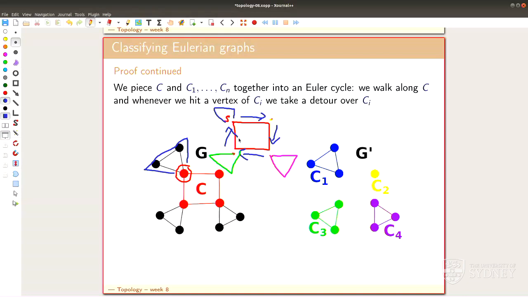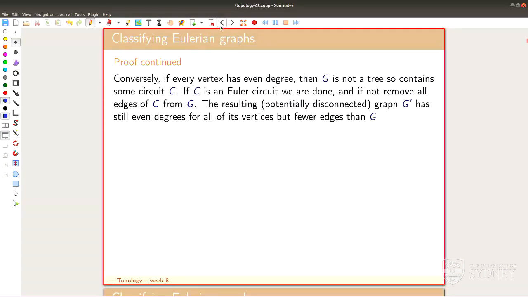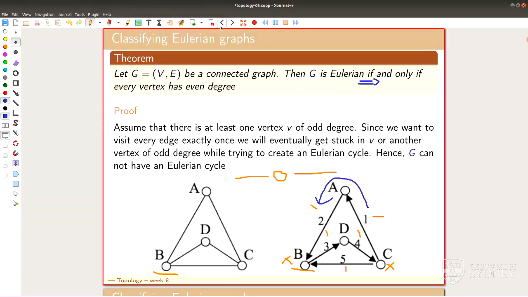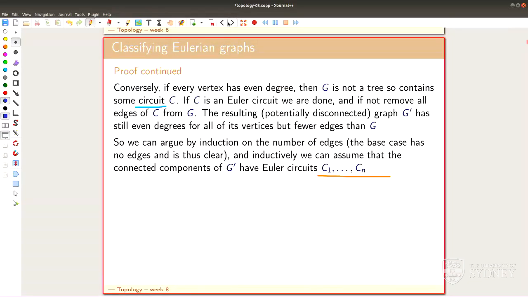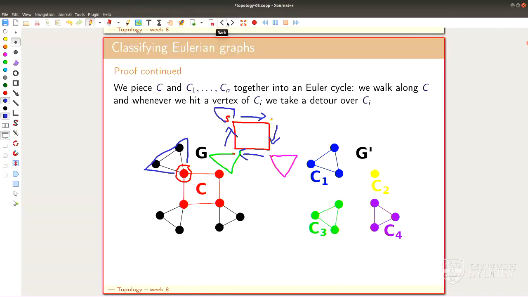So don't feel too lost. It also took Euler quite a while, and Euler certainly was very brilliant. But this one is a really cute argument. I would be happy if you try to remember it. So we really just get stuck if you have an odd degree vertex. It's very simple. Okay. So this is a really good theorem.